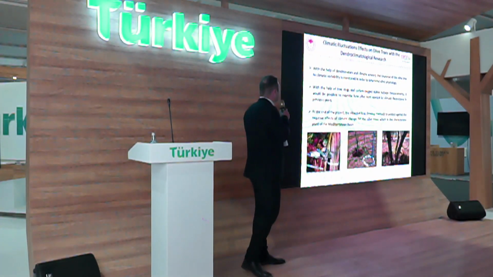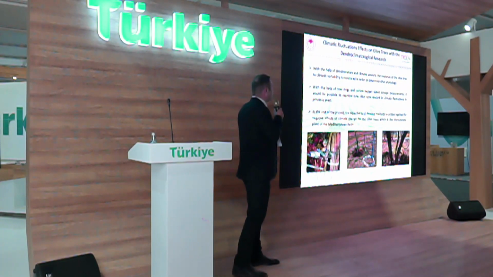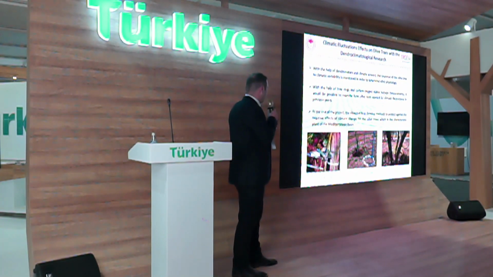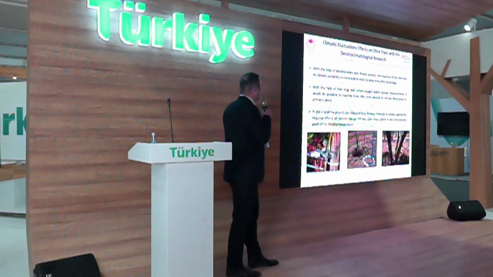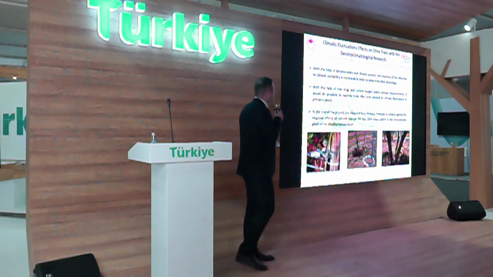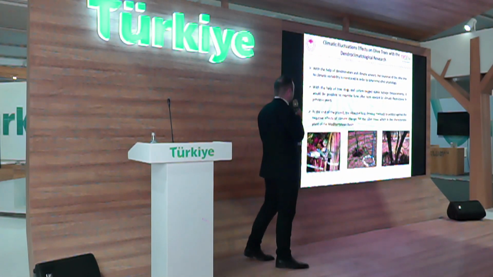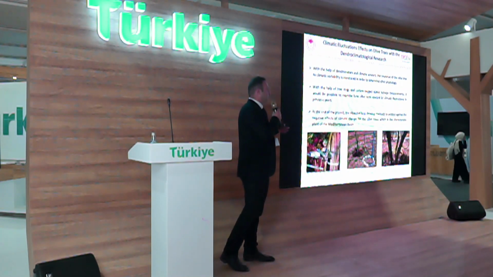Another one is the climate fluctuation effects on olive trees with dendroclimatological research. We continue these studies with the help of dendrometers and climate sensors. The response of the olive trees to climate variability is monitored in order to determine olive physiology.